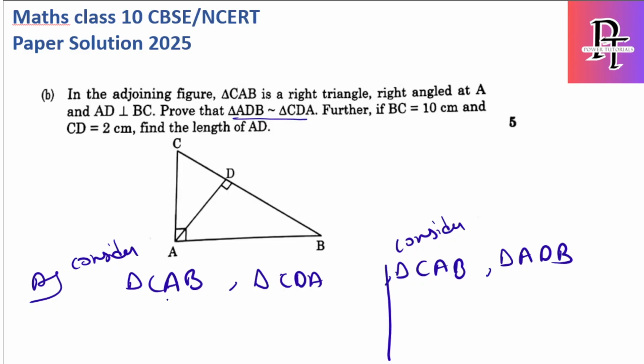So if we consider triangle CAB, then we have an angle which is 90 degrees. Angle CAB is equal to, same way for CDA triangle, angle CDA is 90 degrees. And if you consider these two triangles, one angle is same, which is angle C is equal to angle C, common angle.